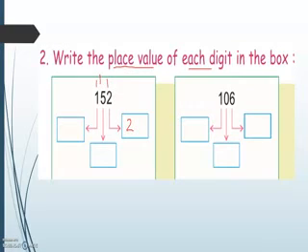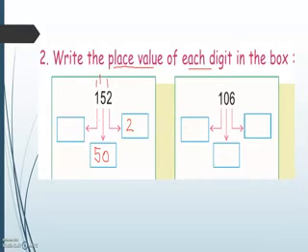Okay. Now see 5. What is the place value of 5? 5 is in the tens place. So the place value of 5 is 5 tens, which means 50.